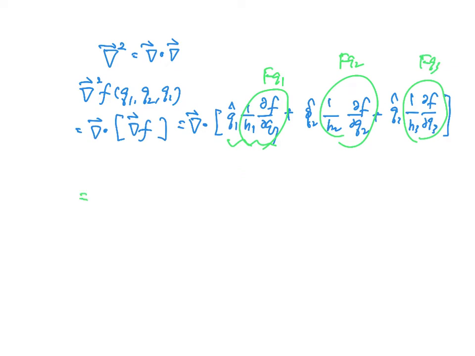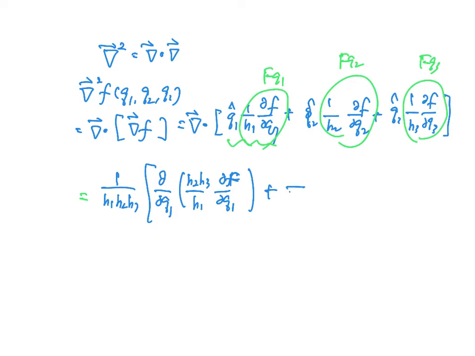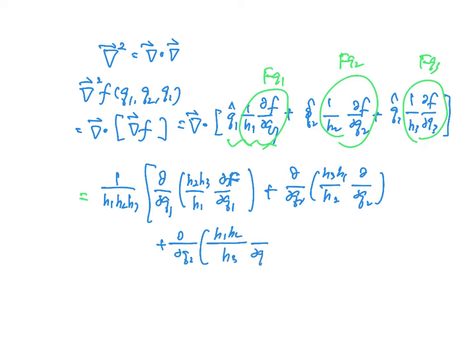So the divergence is: you have 1 over h1 h2 h3, partial q1 partial of h2 h3 over h1 partial q1 partial f, plus partial q2 partial of h3 h1 over h2 partial q2 partial f, plus partial q3 partial of h1 h2 over h3 partial q3 partial f.